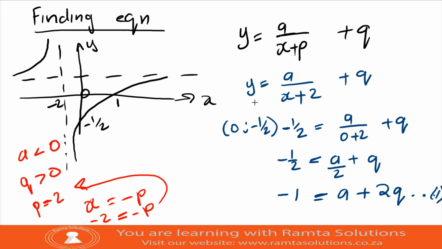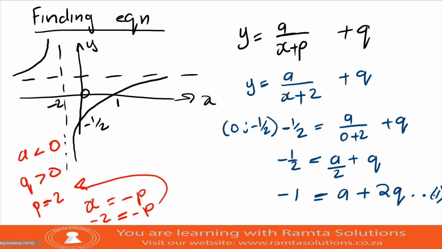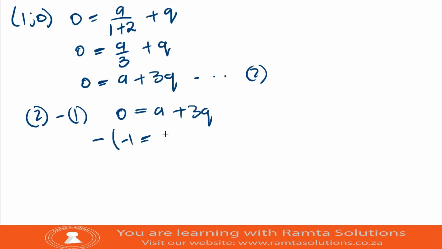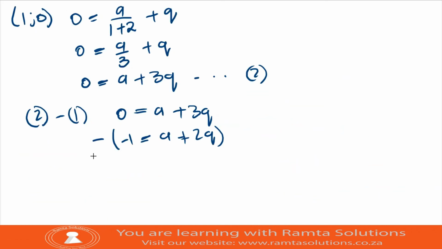So how about I do equation 2 minus equation 1. What do we have? 0 minus negative 1 is 1.